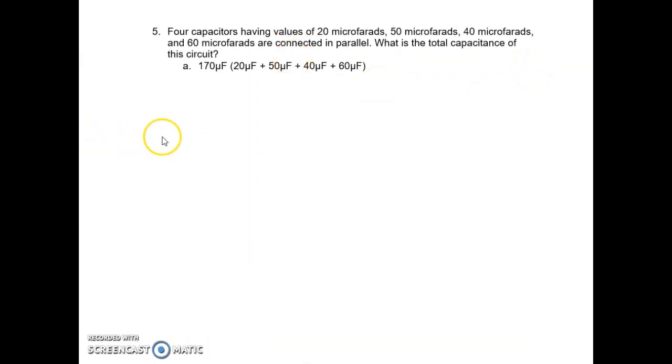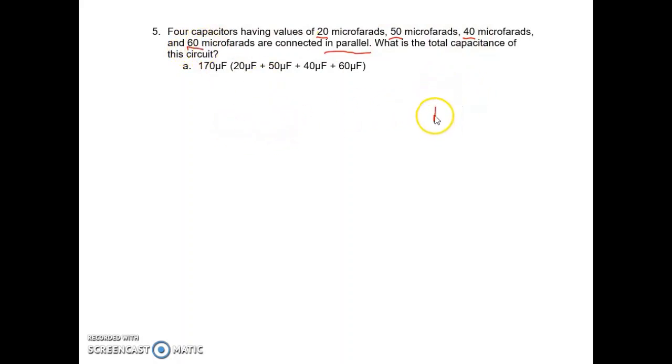Number 5, we have a circuit with 4 capacitors, and they're connected in parallel. We see that here. And we have the values of the 4 capacitors. They're 20, 50, 40, and 60 microfarads.